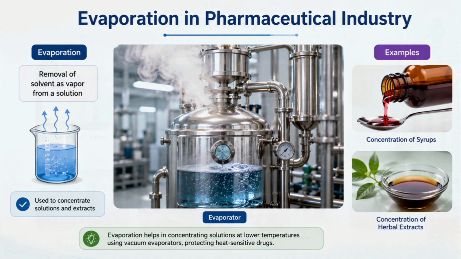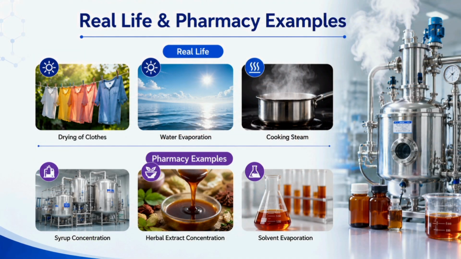In daily life, drying wet clothes under sunlight is a common evaporation process. Water molecules gain energy and escape into the air as vapor here. In pharmaceutical industries, special equipment like vacuum evaporators is used to remove the solvent at lower temperatures.